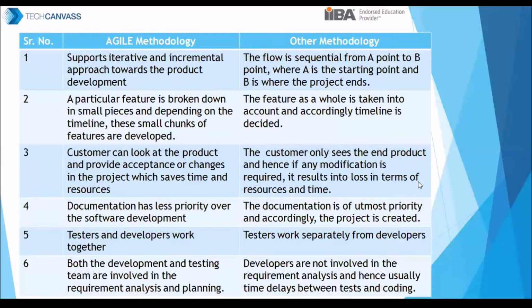The development team is creating the features, and at the same time we are having a meeting with the customer who has asked for that particular feature, and the customer can see the features which are developed, and if it looks fine and the customer is happy with that build or with that feature, they provide the acceptance. So now the development team knows that okay, this is what is developed, and now we can go ahead further.